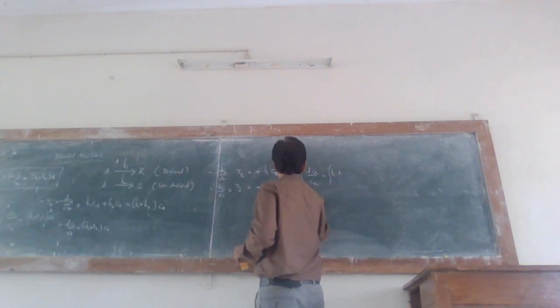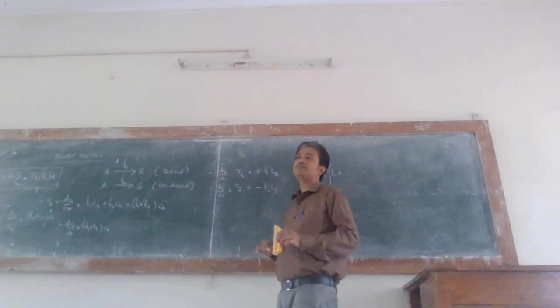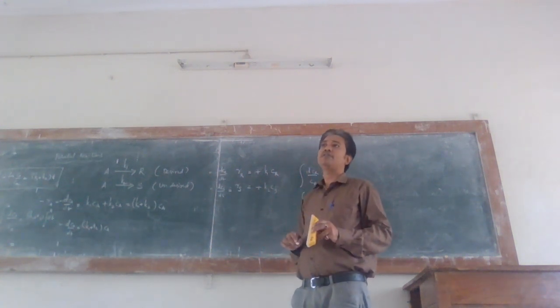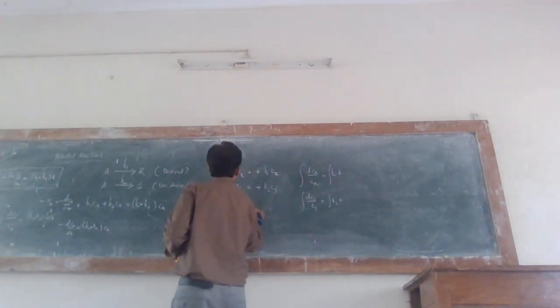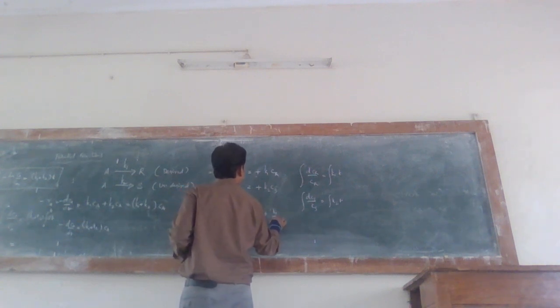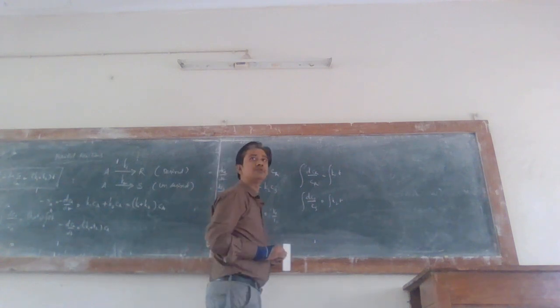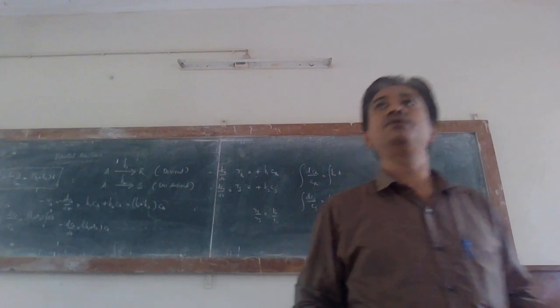Similarly, dCS by CS integrates to K2 into t. Or what I do is RR by RS is equal to K1 by K2. Do integration.